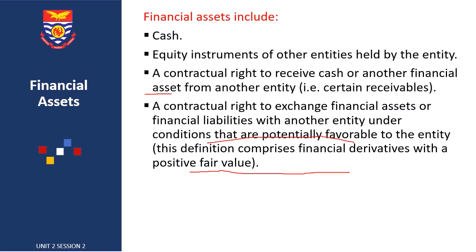And this definition comprises of the financial derivative with a positive fair value, because you are certain that whatever exchange you are going to make at the end of the day will be that which is potentially favorable. So these are the elements of financial asset. When you are defining a financial asset, these are the things that it includes. These are the things that it entails.